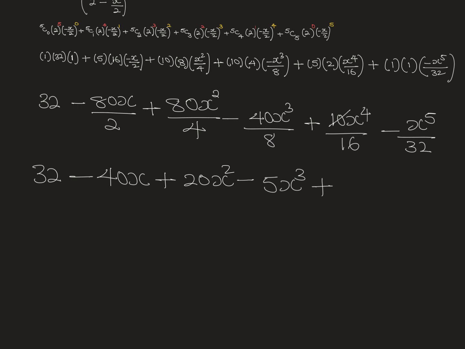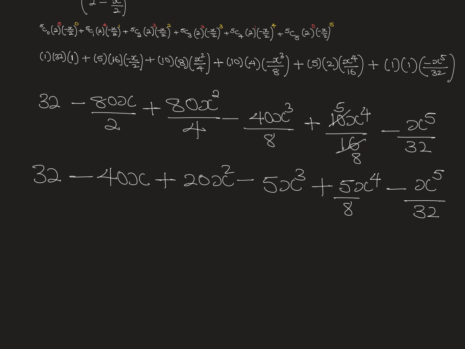We can say 2 goes here 5 times, 2 goes here 8 times, so we're going to have 5x to the power 4 over 8, then minus x to the power 5 over 32. And this is the answer for the binomial expansion.